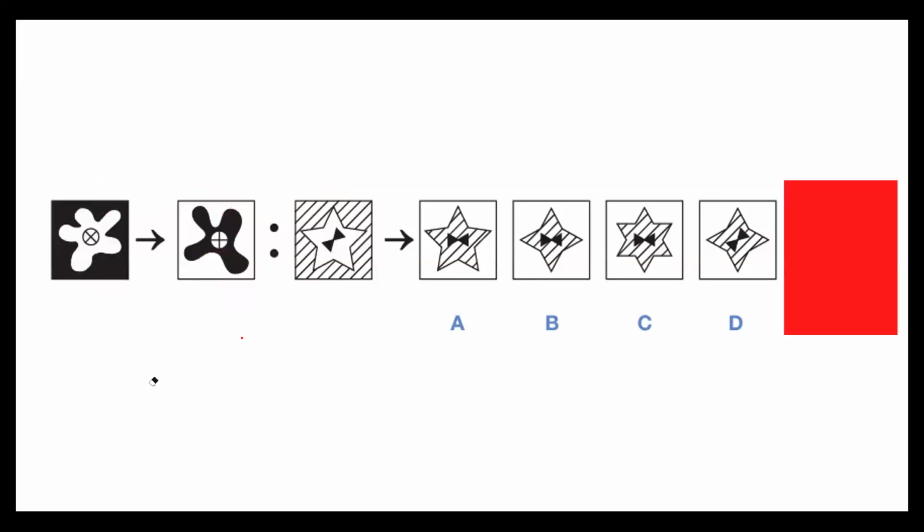Let's go to Annabelle. Annabelle, can you find something else for us? That in the first image, the splat has like 5 edges.